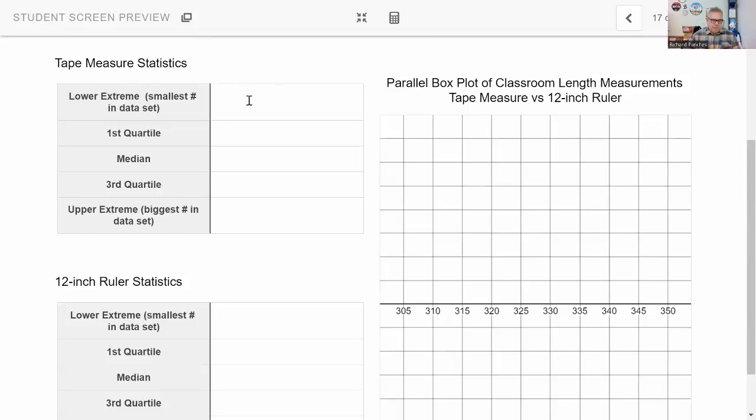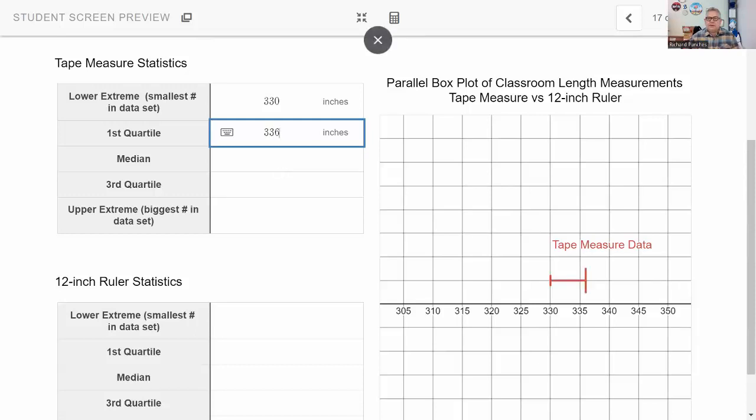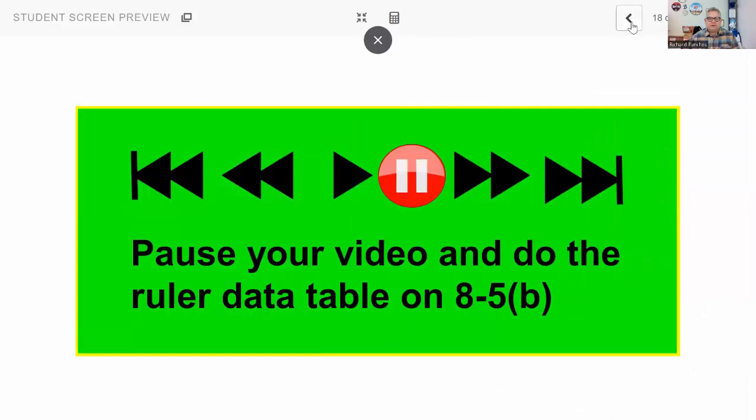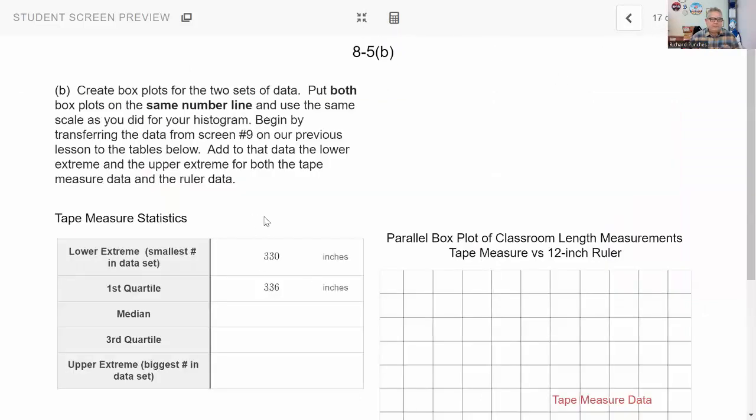So our data for the tape measure, the lower extreme, the lowest number was 330. The first quartile was 336. Let me look back here really quickly. The median was 337.